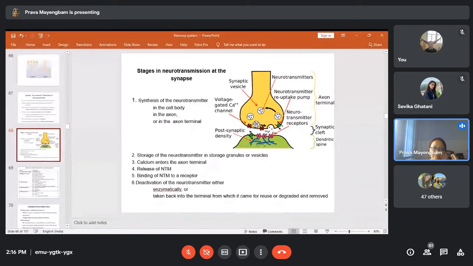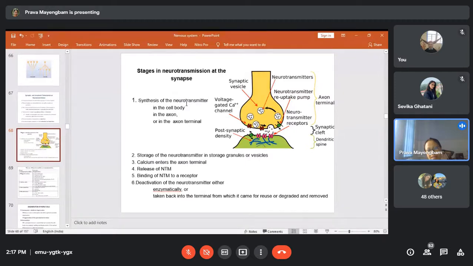You know the cell body, the soma of the neuron. Here inside the soma of the neuron, there will be initiation of synthesis of neurotransmitter, and then by the time and slowly it will be transported from the body.